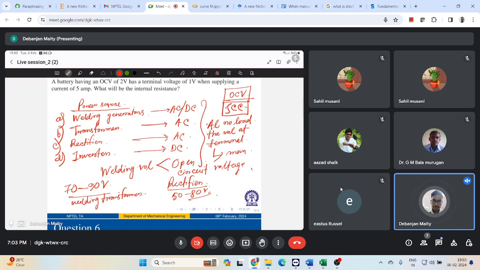Basically, short circuit current is relevant during the short circuit transfer mode of welding. When your electrode touches the base material, it effectively creates a short circuit.